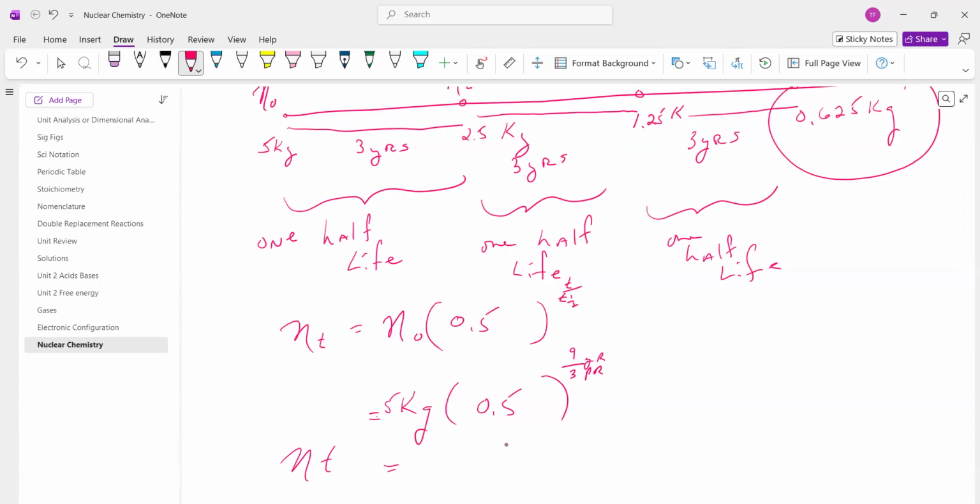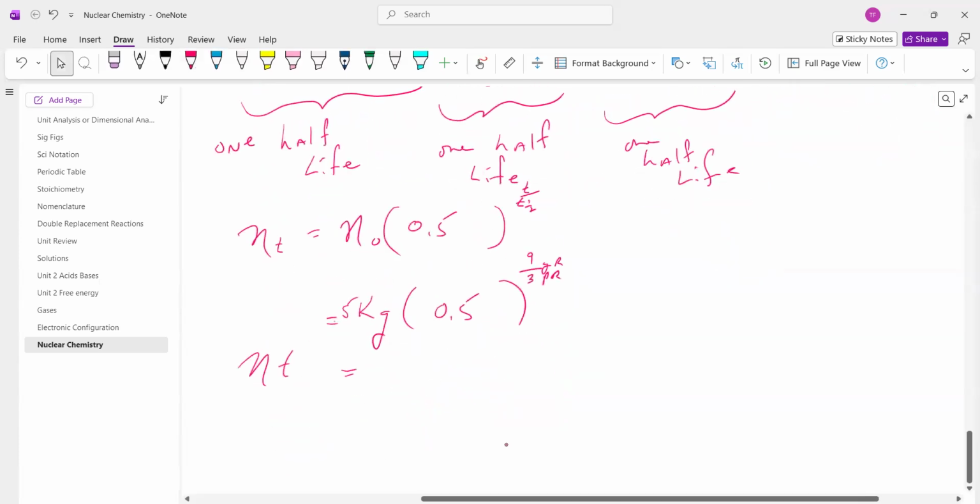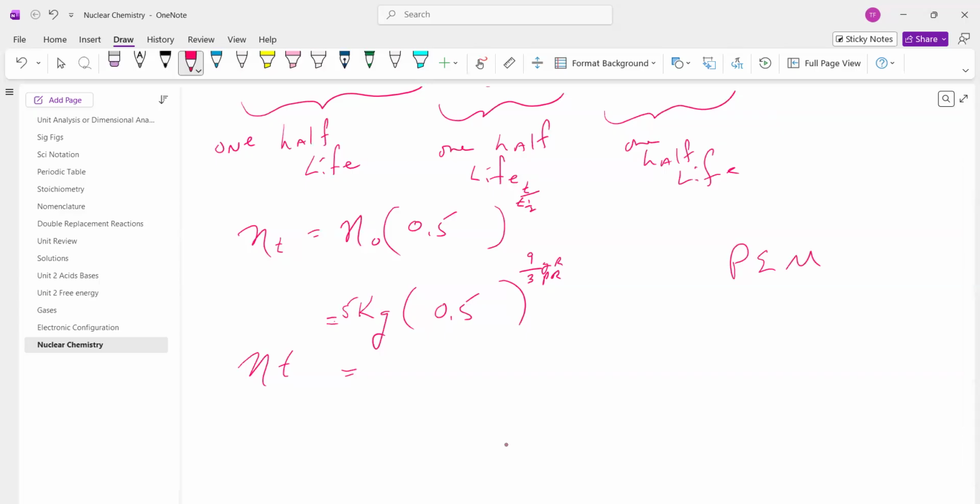So the problem is exponential stuff. Using PEMDAS, remember, we do the exponential stuff first, which also happens to be parentheses.